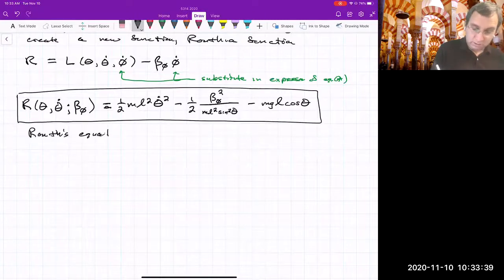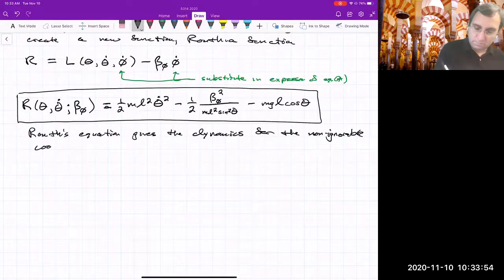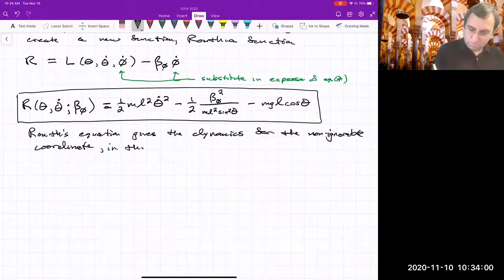So instead of the Lagrangian equation, Routh's equation gives the dynamics for the non-ignorable coordinates. In this case, there's only one non-ignorable coordinate. Just theta.